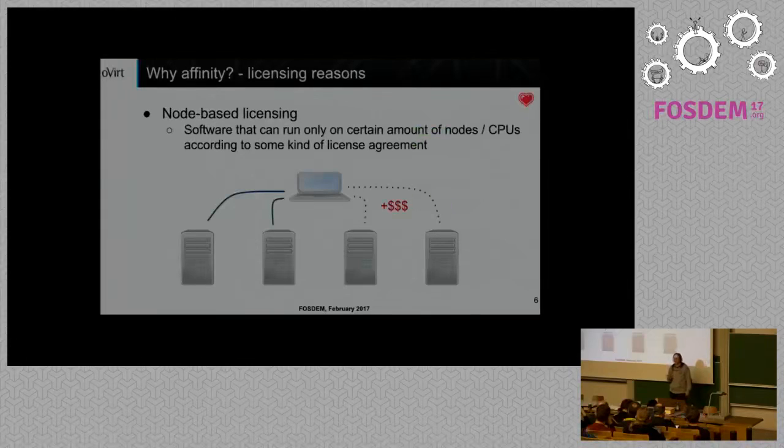Let's start with the specific use cases. So here you can actually see a situation where you might want to use Affinity. Let's assume you have some kind of software license. You have software that runs on your server inside virtual machines, and its licensing model is pretty benevolent.